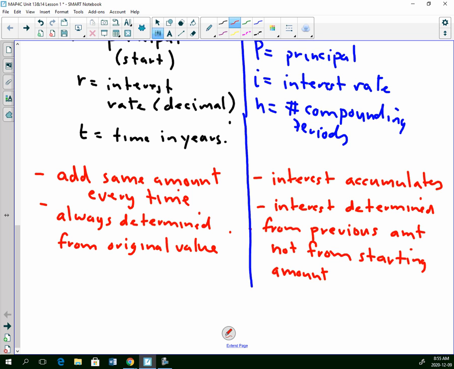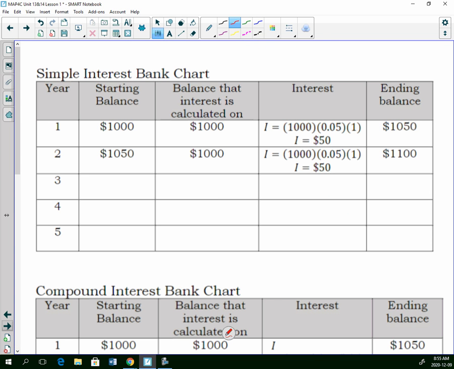Here, let's say this was simple interest and you started with $1,000. When you calculate your interest, you take the starting amount, $1,000. We're getting 5% interest, so we multiply by 0.05, for 1 year, and you'd earn $50.